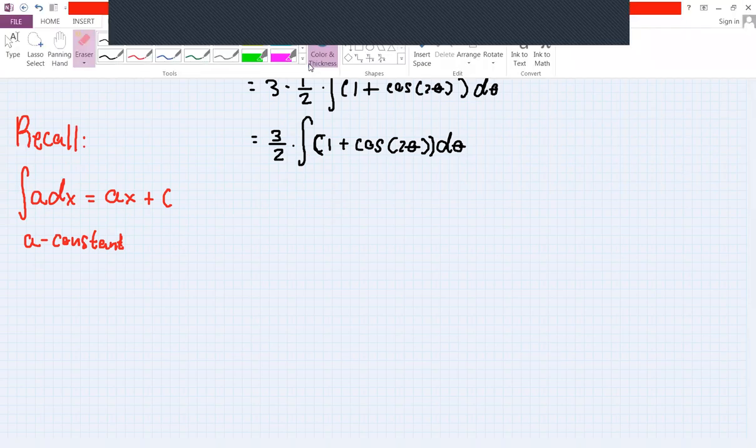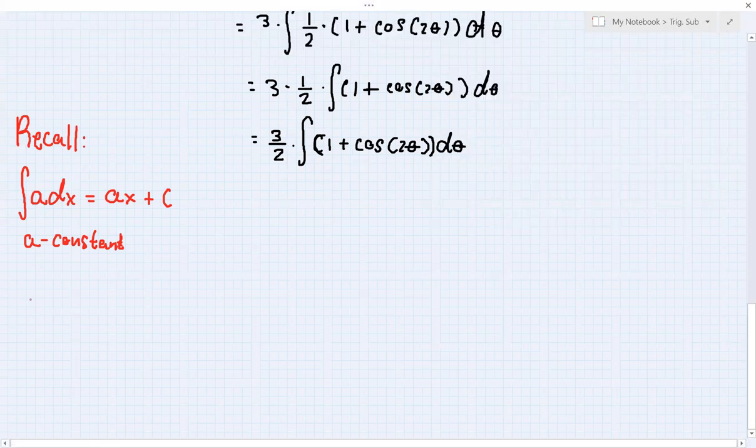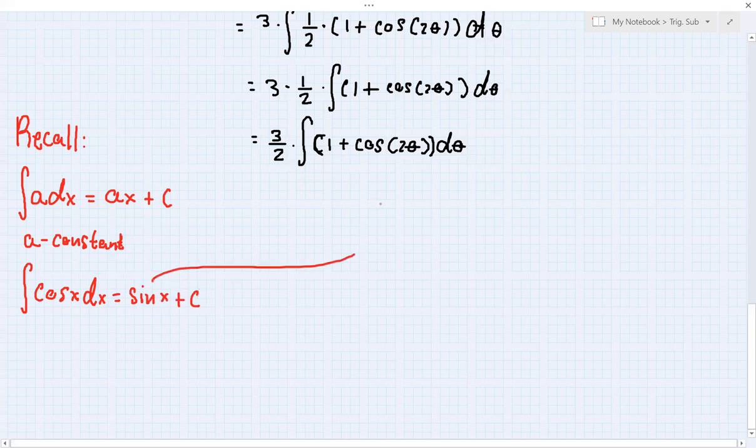Then, there's another formula gagamitin natin para kay cosine. So, the integral of cosine. Ang integral naman ng cosine, on the other hand, ang gagamitin natin is sine x plus c. Para naman dito yun.